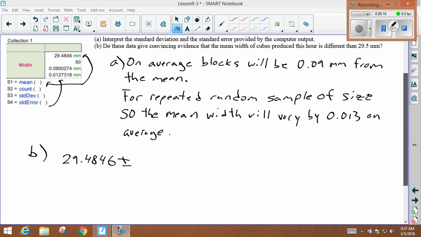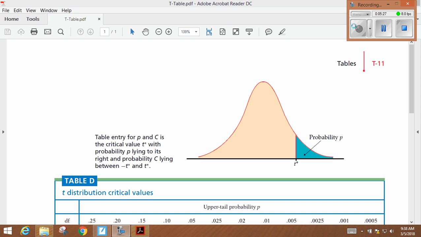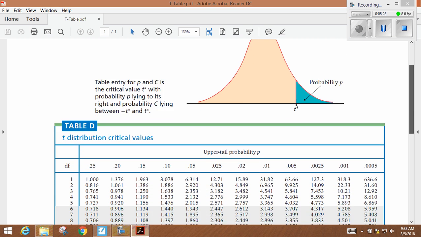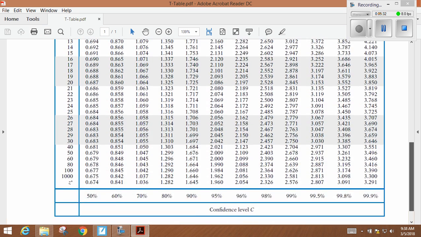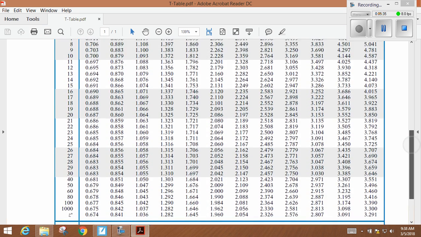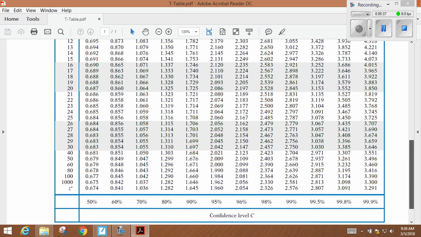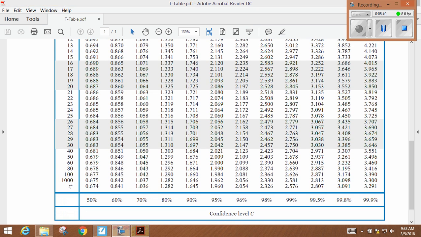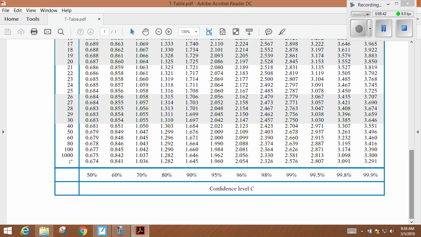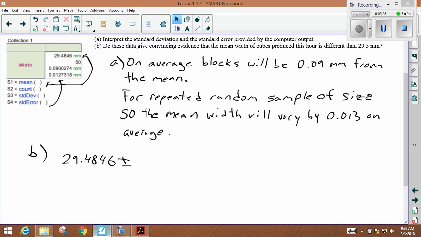So our z-star value is what we need, right? So I'm going to need a. All right, so we have 49 degrees of freedom. All right. So for our 95% confidence interval, forget degrees of freedom, we're going to use 1.96 as our critical value.